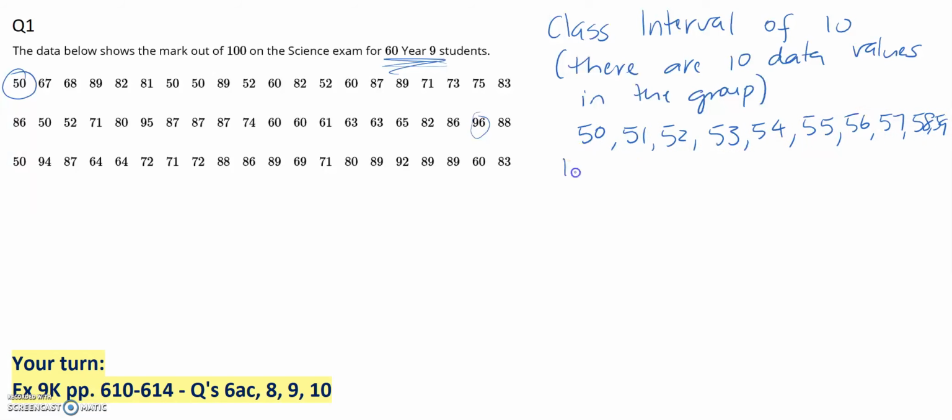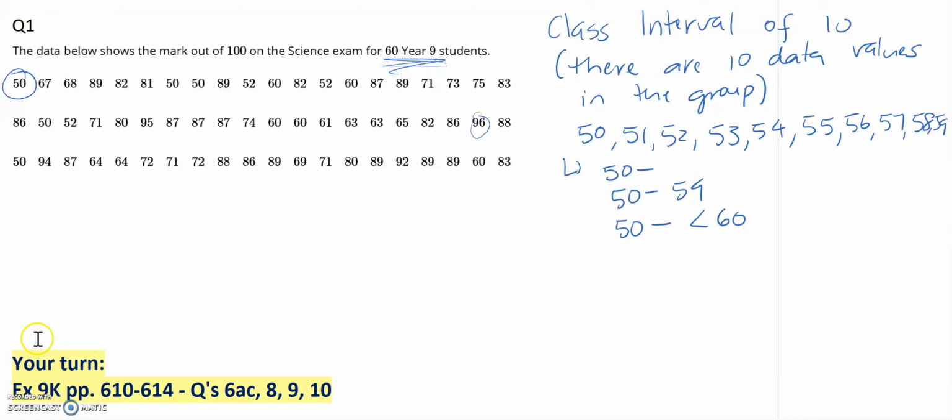So the way we write this is 50 dash, or we can write it as 50 to 59, or we can also write that as 50 to less than 60. Hope that makes sense.